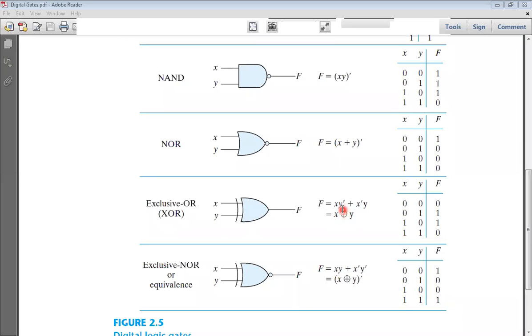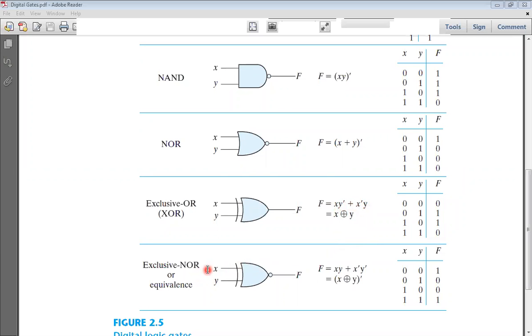There is a plus here, which is encircled. So if you have to write x y bar plus x bar y, you write just this symbol between x and y. So x exclusive OR y means the same thing, x y bar plus x bar y.